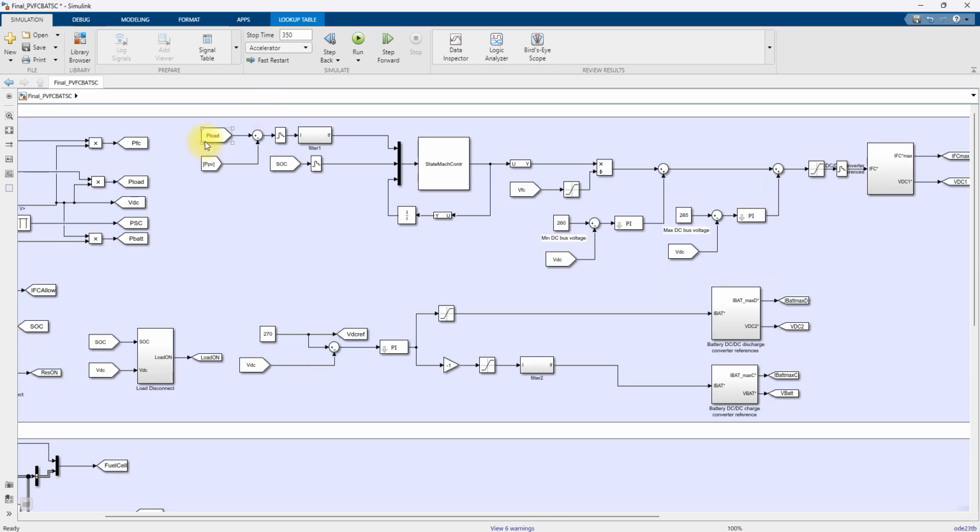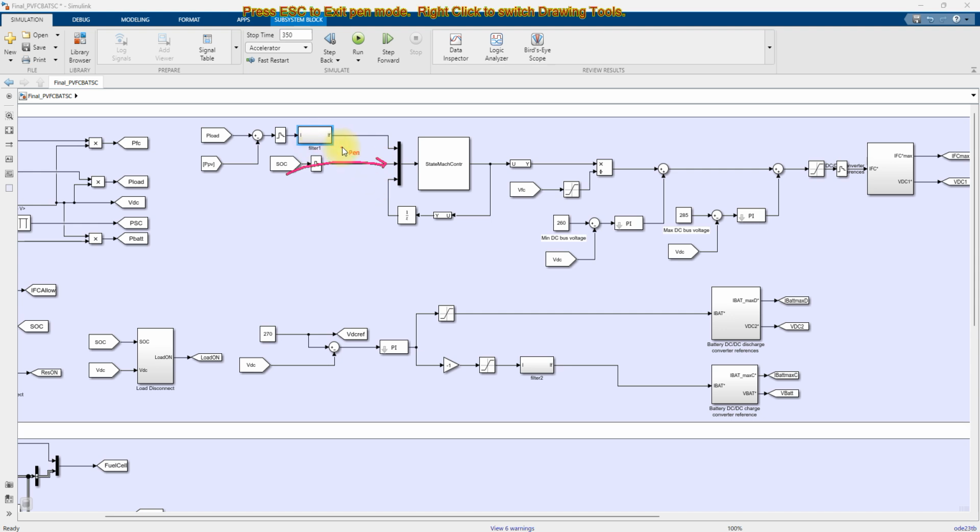First we need to calculate the load power. The load power means the power of the EV model, which is converted into a current value. That means we are taking the averaging of that power, and then we have the SOC of the battery.